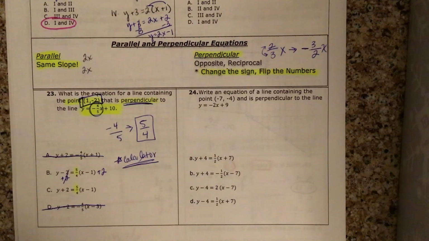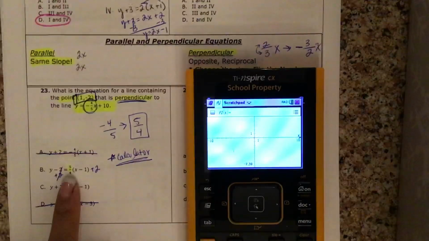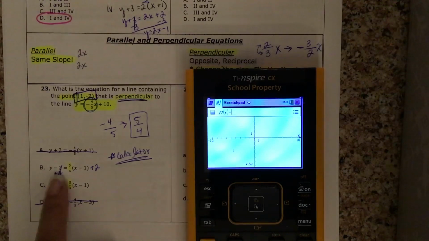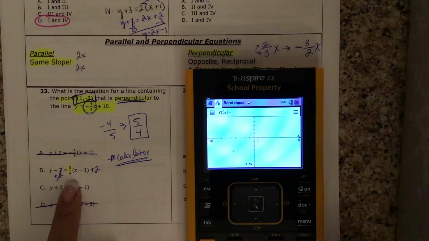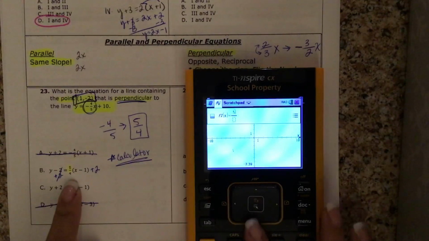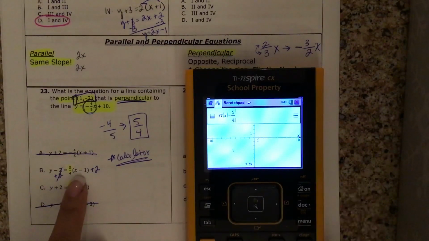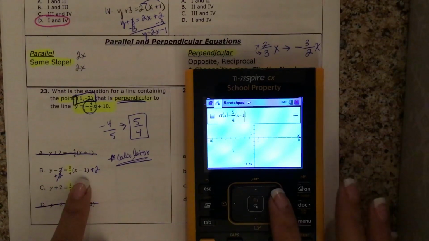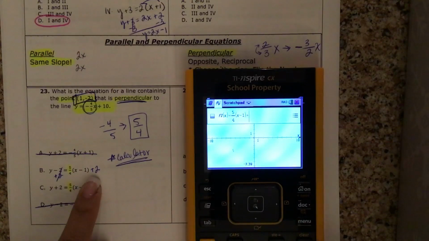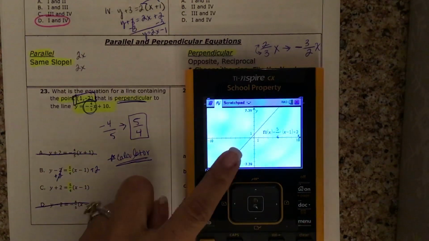So we are going to graph the function. Y is now by itself. So I'm going to type in 5 over 4. Remember, control divide gives you a fraction. 5 over 4, open parentheses, x minus 1, close parentheses, and I move that plus 2 to the back. Enter. There's the graph. That's great.